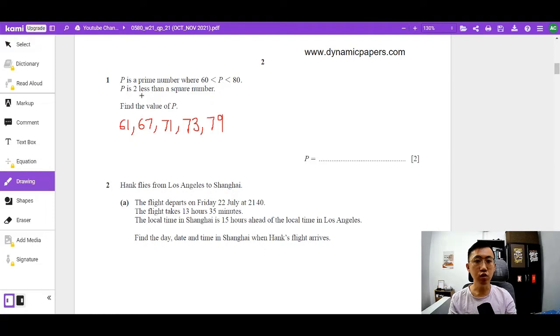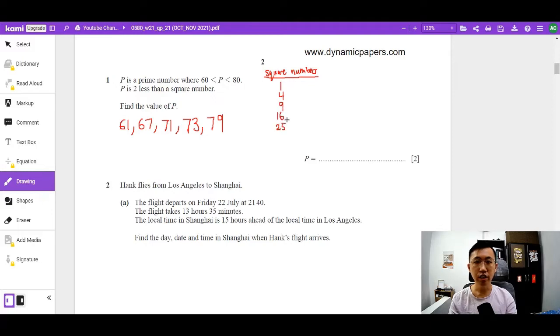P is also 2 less than a square number. So find out the square numbers now. Remember that square numbers are basically you go and square 1, 2, 3, 4, 5 and the results are square numbers. So what do I mean by that? 1 square is 1, 2 square is 4, 3 square is 9, 4 square is 16, so on so forth.